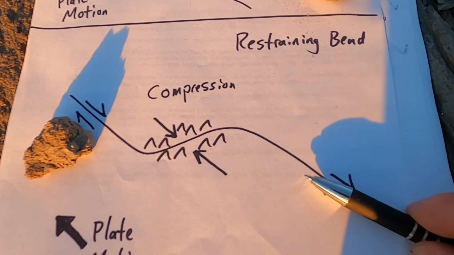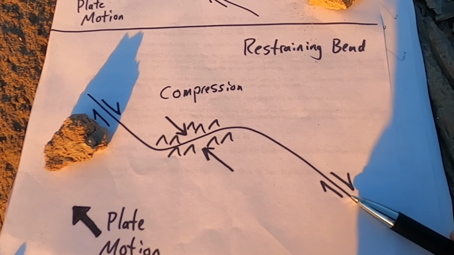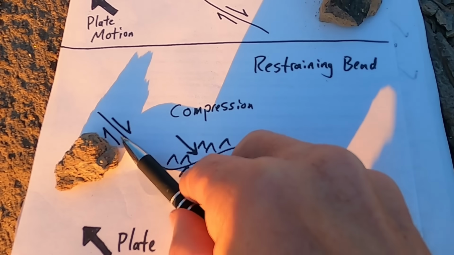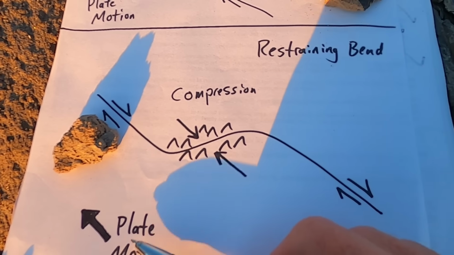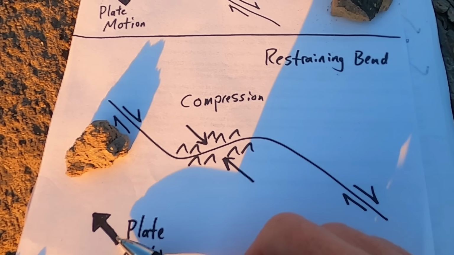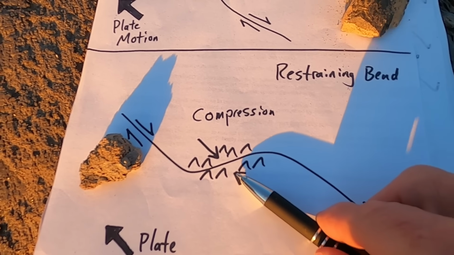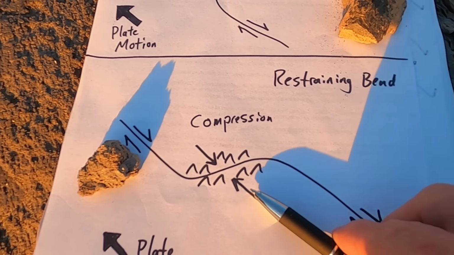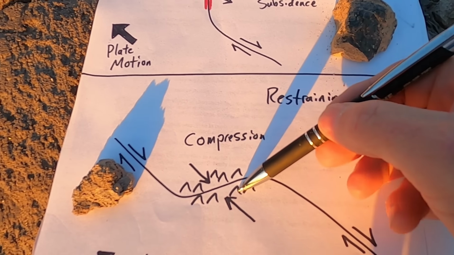So down here where the plate boundary is parallel, again, strike slip motion, sideways horizontal motion. Up here, same thing. But here where we have this bend, remember that this arrow is the one we're beholden to. So this would cause compression. This part of the plate would be compressed, or converging, with this other plate over here.